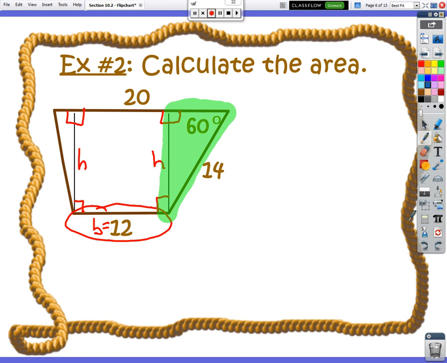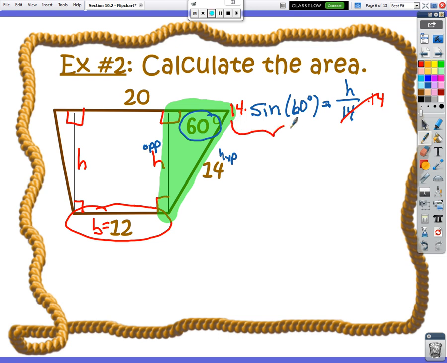because at this point you guys should be pretty comfortable with using trig. So using my 60-degree angle, the height is the opposite side and the 14 is the hypotenuse. So opposite and hypotenuse would allow me to use the sine ratio. So the sine of 60 degrees equals the opposite, h, over hypotenuse 14. And to solve for the height, I would simply just multiply the 14 over to the other side.